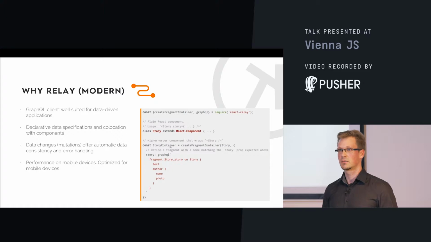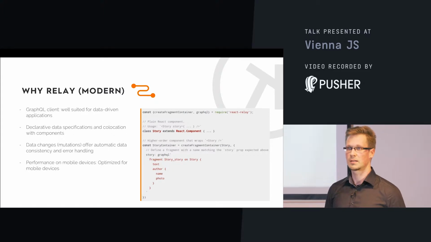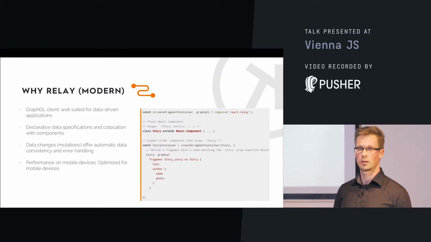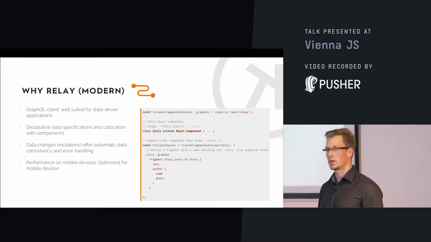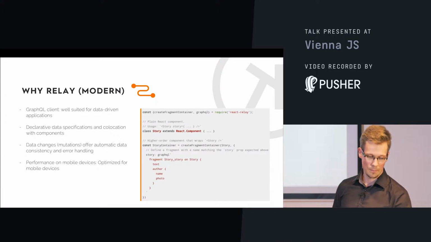It just wraps the data requirements around the component, and in there stands the GraphQL query or fragment in this case, which explains and declaratively states which data we need in this component.